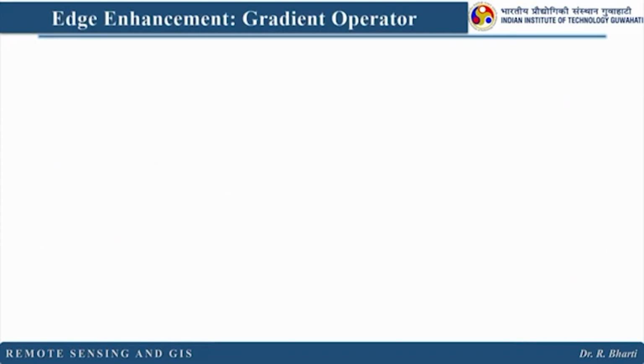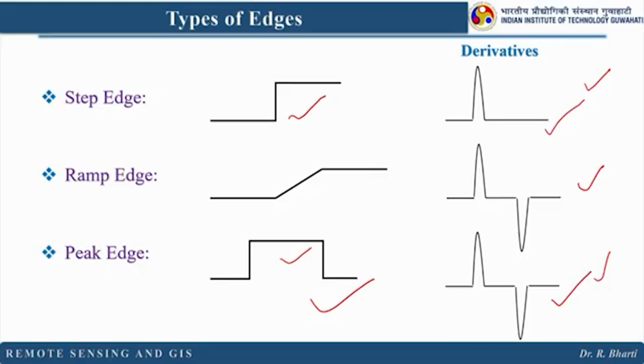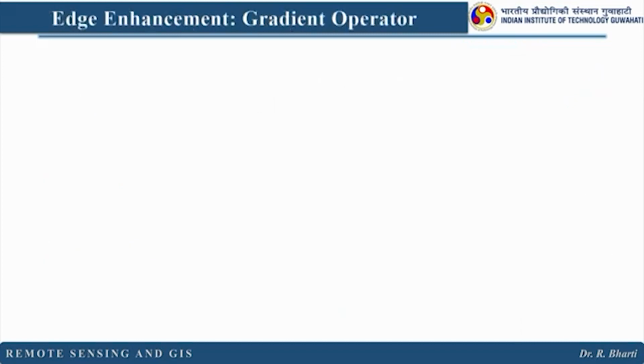Let us see what we mean by gradient operator. Here you can see there are different types of edges present and what their behavior is in derivatives. So here basically we are going to identify the change in the intensity with respect to gradient, right. So let us see what we mean by gradient operator.